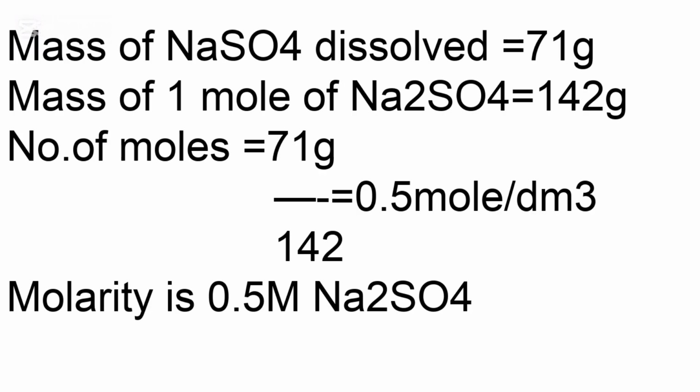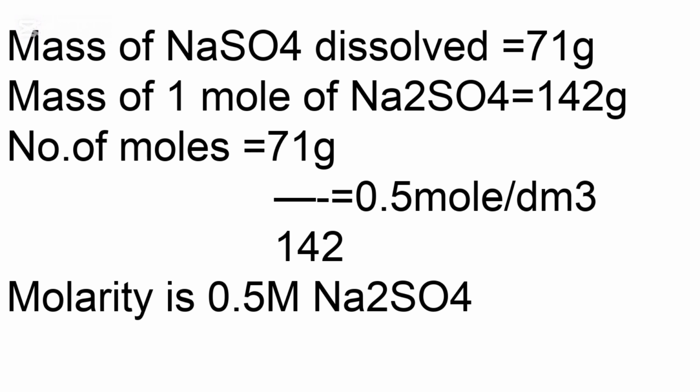Mass of sodium sulfate dissolved is 71 grams. So we already know the mass that was dissolved. And the mass of 1 mole of sodium sulfate is 142 grams. Now we get the mass of 1 mole by taking the relative atomic masses of the constituent elements in sodium sulfate.